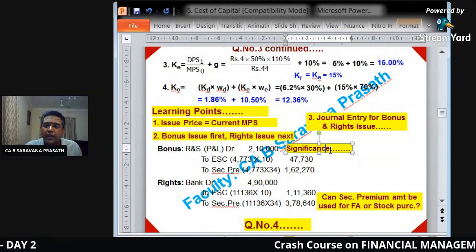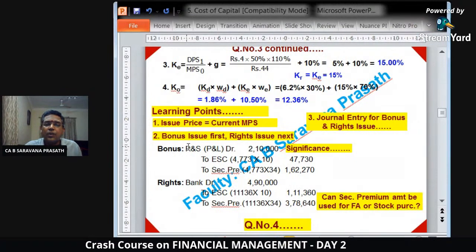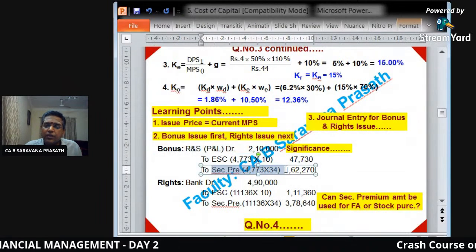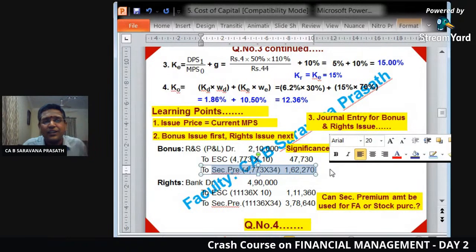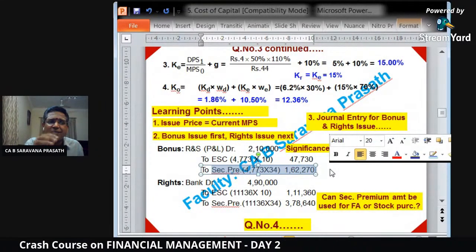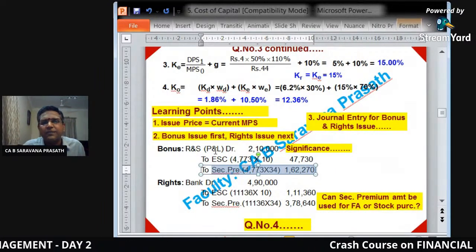Now, why are you talking about these entries, sir? What is the significance of all this? You debit reserves and surplus, that is P&L. You also credit securities premium, which is also again reserves and surplus only. This is where it is shown in the company's balance sheet. Why are you debiting reserves and again crediting reserves? Very simple answer.